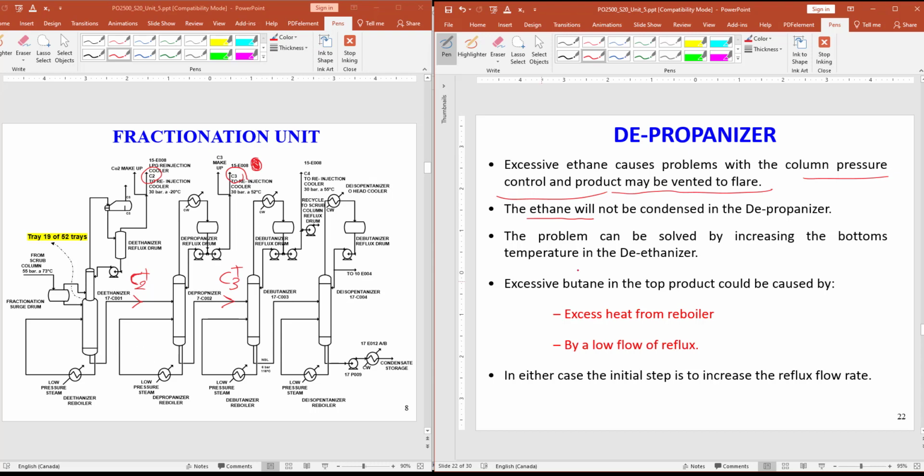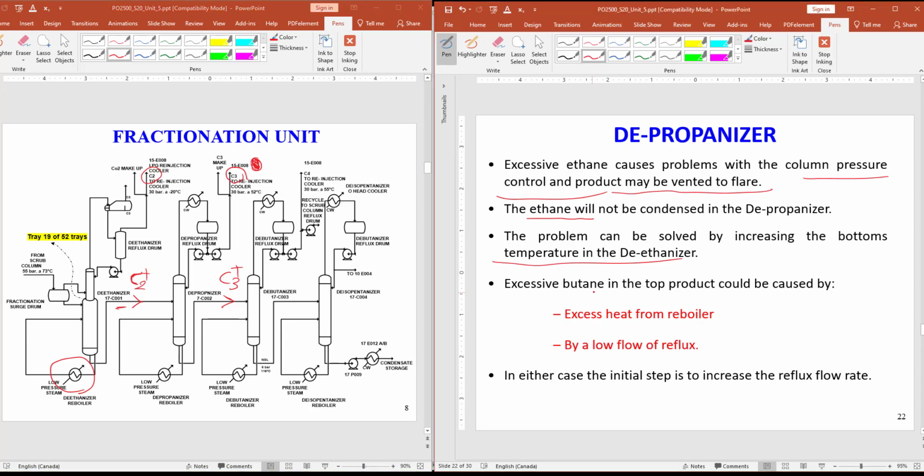One way is to increase the temperature at the bottom of the De-ethanizer, where we have the reboiler, to make sure that all the ethane goes to the vapor phase and there is no ethane going to the second unit. So the problem of ethane can be adjusted by this reboiler.